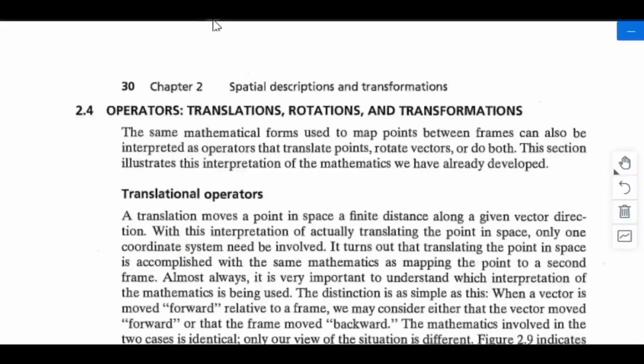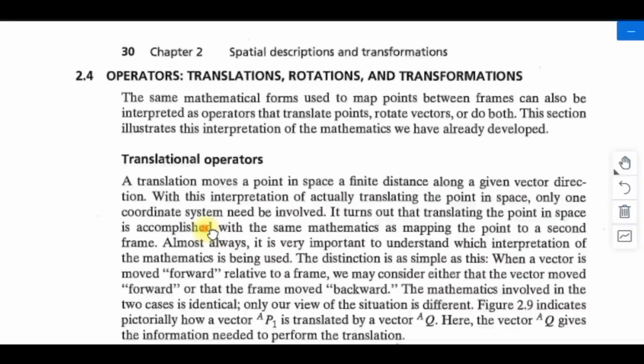So there are three types of operators for spatial description and transformation. Since we are able to determine the transformation matrix, by help of mathematical calculation we are able to determine the present position of any point with respect to other points.